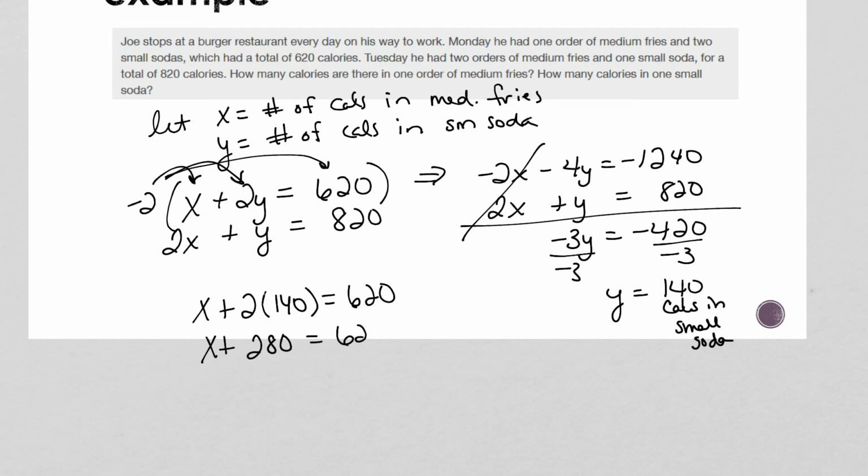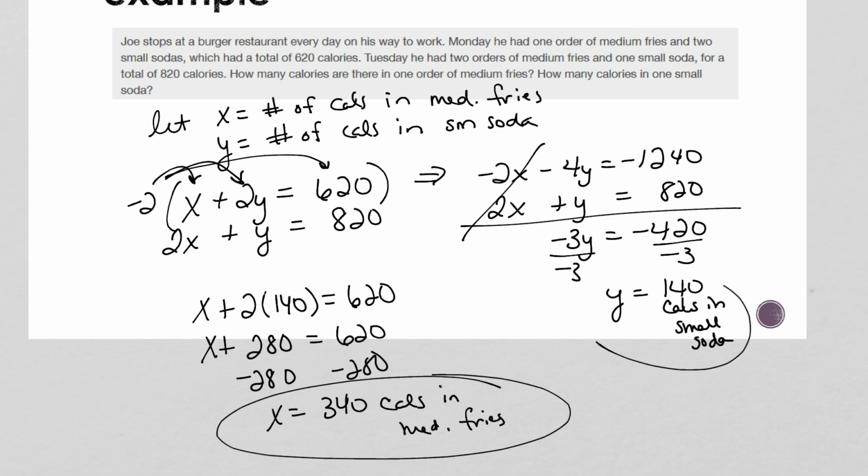And then subtract 280 from both sides. So x is equal to 340. What is that? What is x? X is our calories in medium fries. Okay, so we have 340 and 140.